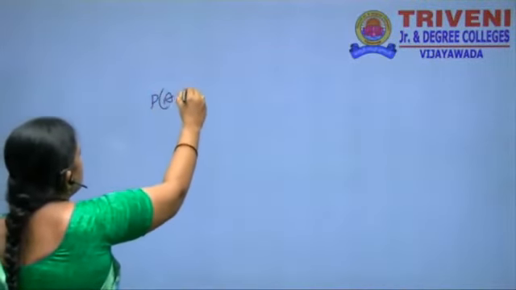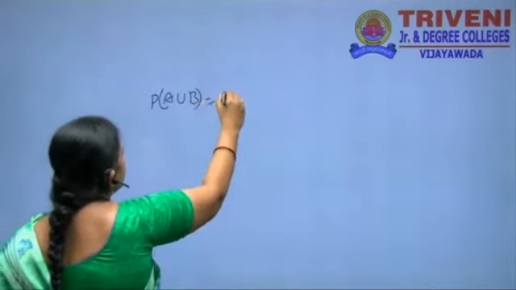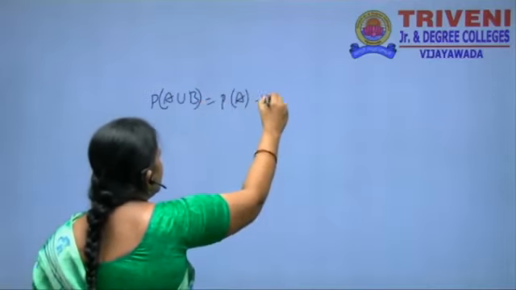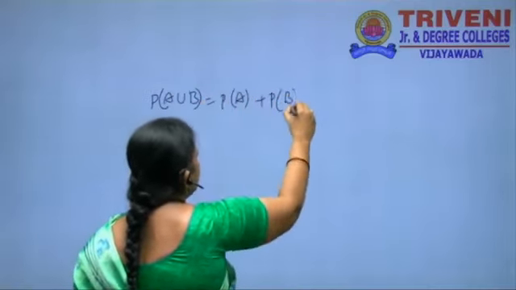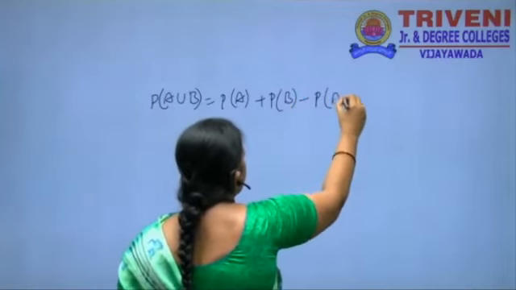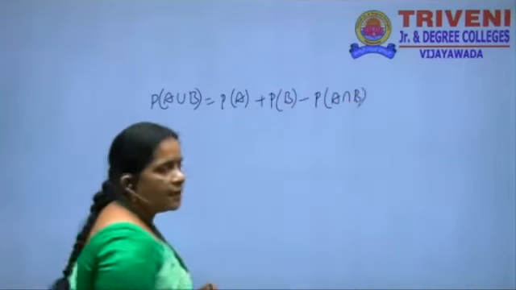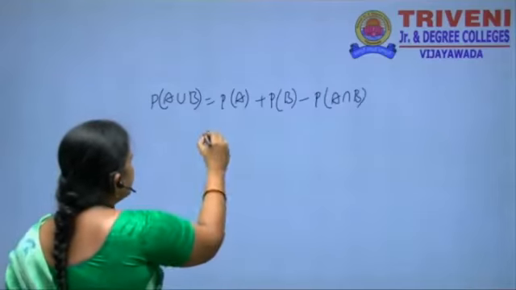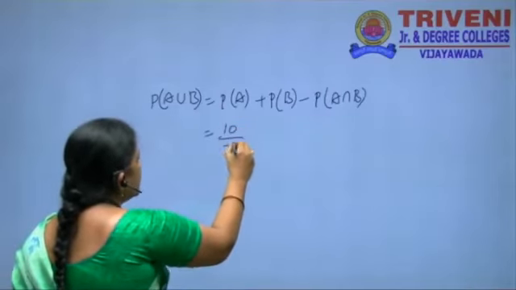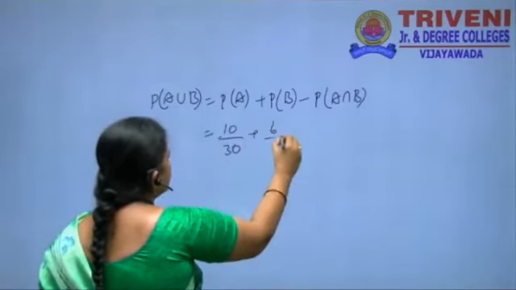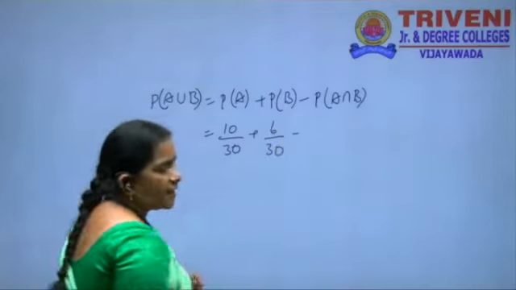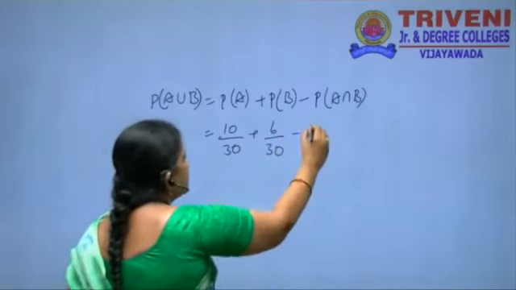Applying addition theorem on probability, P of A union B is equal to P of A plus P of B minus P of A intersection B. Then P of A is 10 by 30 and P of B is 6 by 30 and P of A intersection B is 2 by 30.